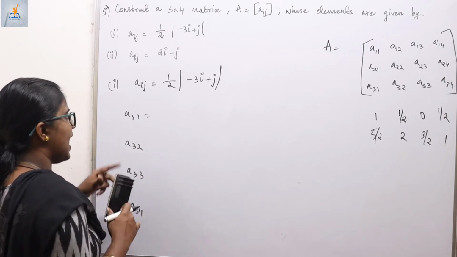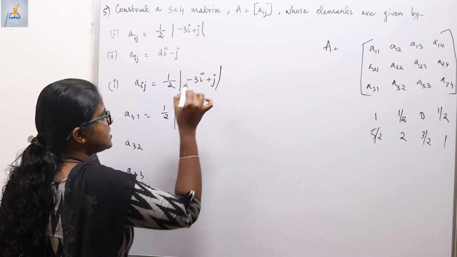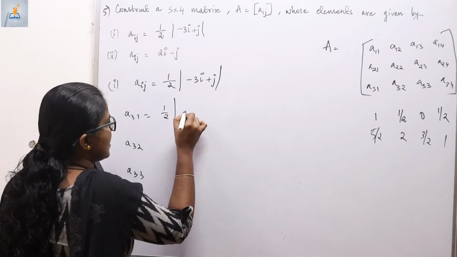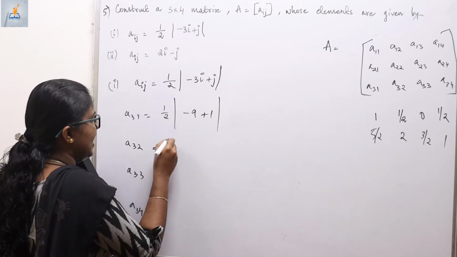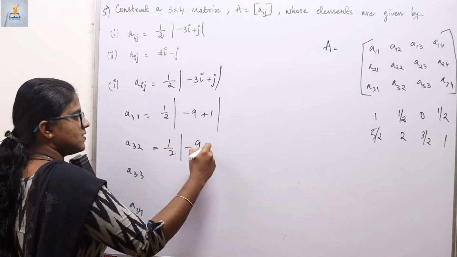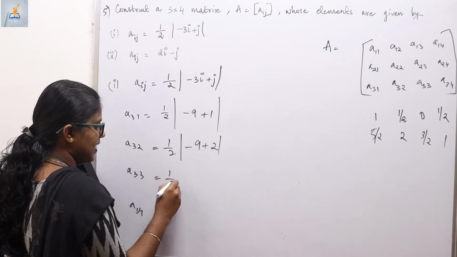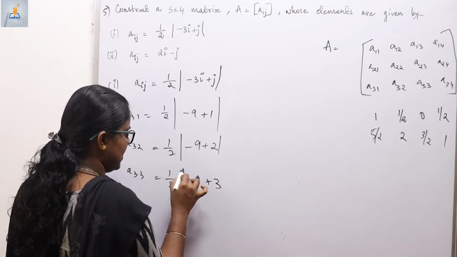Remember that i is 3 in all the cases, so it is going to be half times negative 3 times 3, that is negative 9, plus j. In this case the j is 1. Again in this case minus 3i is negative 9 plus j is 2. Again in this case minus 3i is again negative 9 plus 3.